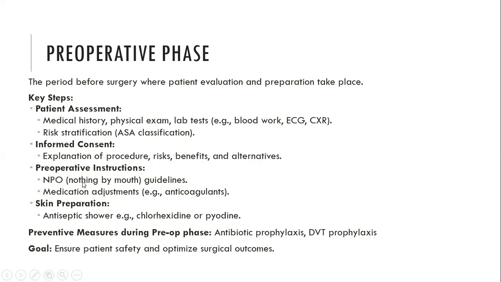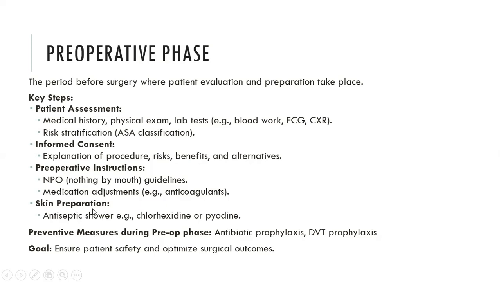Firstly, you have to tell the patient about NPO guidelines, which I'll be sharing with you in the next slide. And if he or she is taking any kind of medications, you have to adjust those medications, which we will be reading in the next few slides. And then you have to prepare the patient for the surgery.